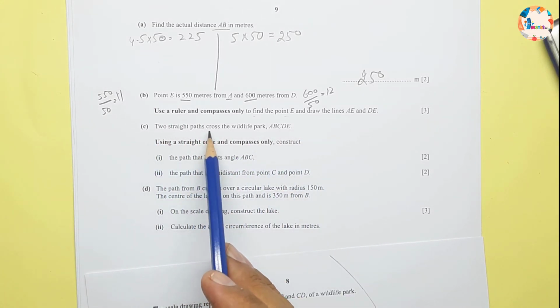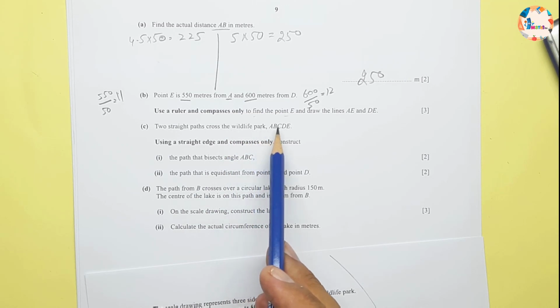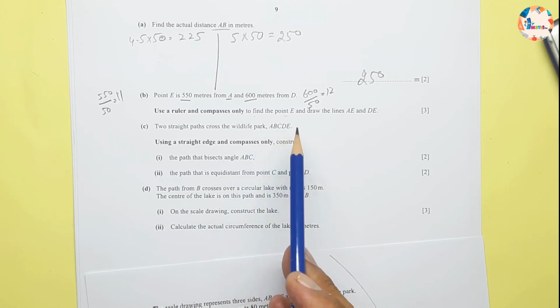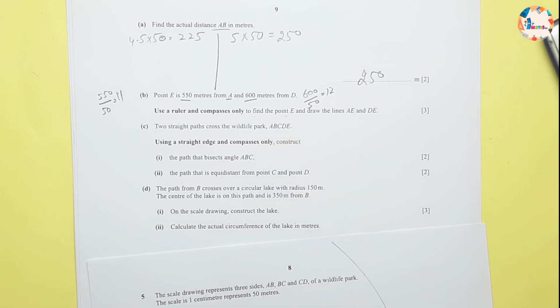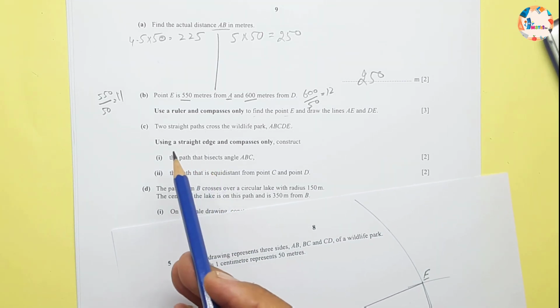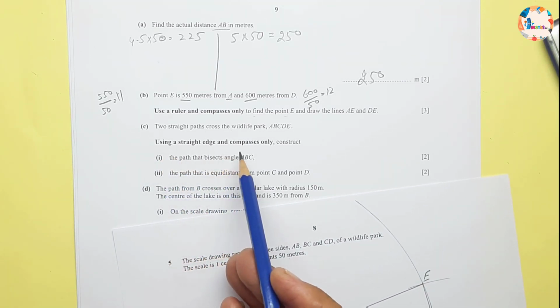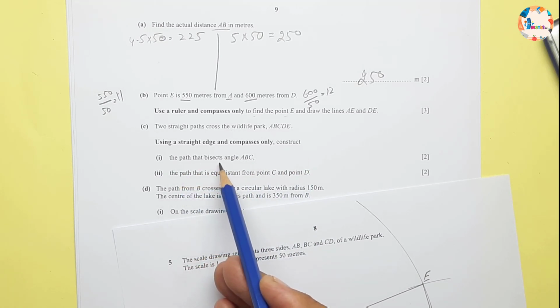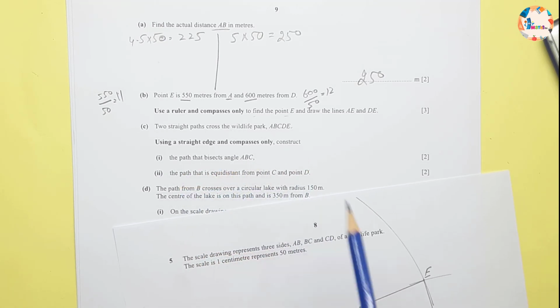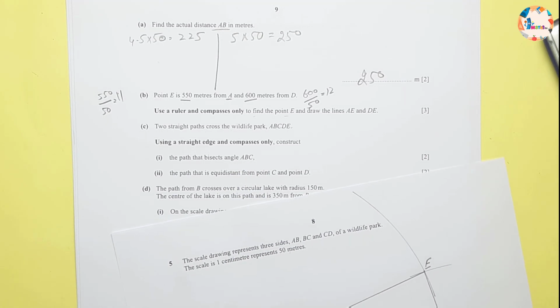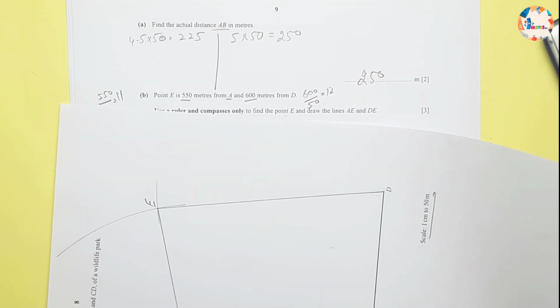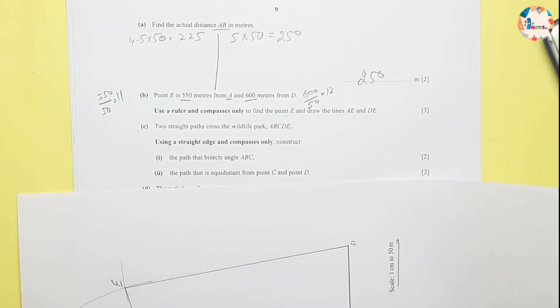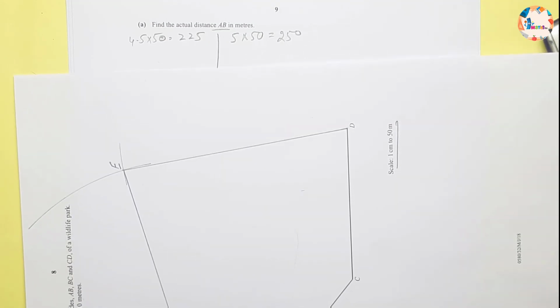Two state paths cross the wildlife park A, B, C, D, E. Use a straight edge and compass only to construct the path that bisects angle ABC. So we have to draw the angle ABC bisector.